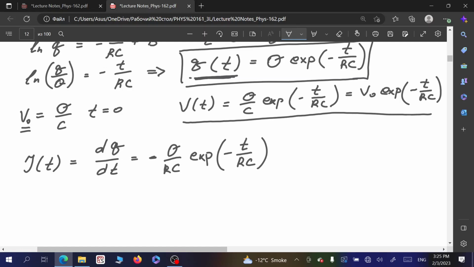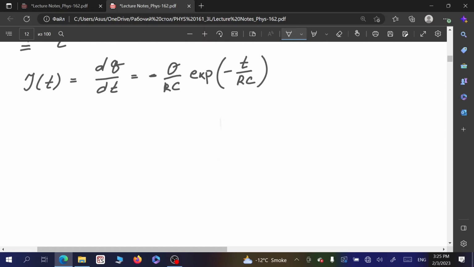So now let us recall what will be potential energy of electric field accumulated inside a capacitor. We discussed this several lectures ago, and that was potential energy as a function of time.